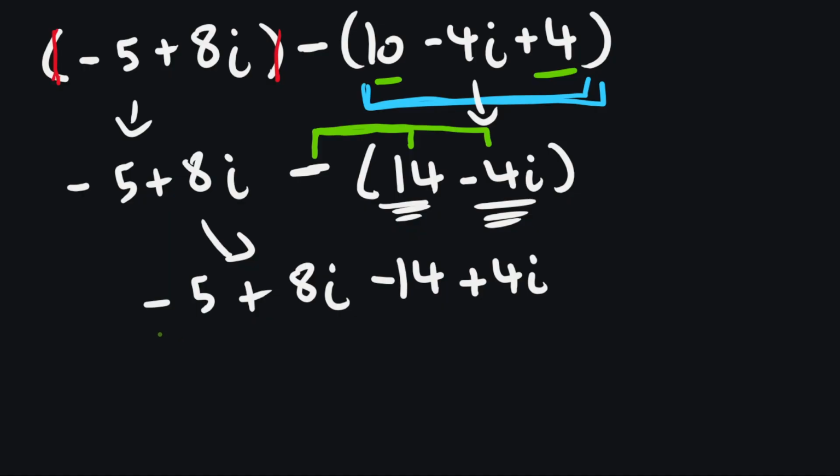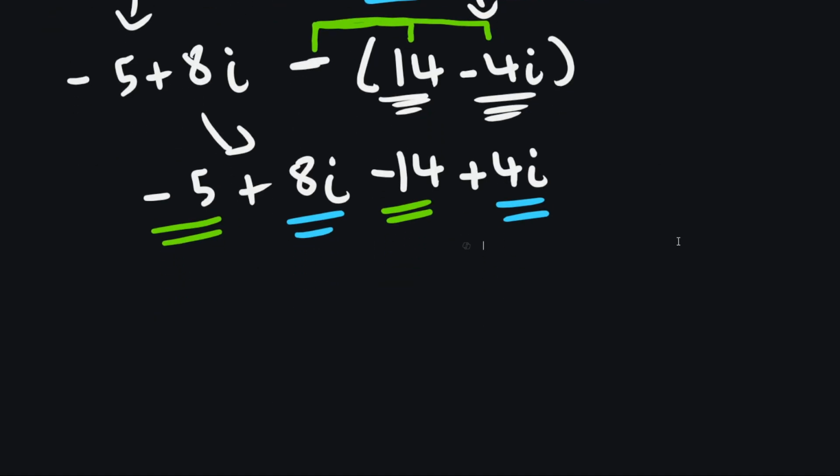We have two real numbers we can combine, negative 5 and negative 14, and two imaginary numbers we can combine, positive 8i and positive 4i. Let's combine our real numbers in green. What is negative 5 minus 14? That is negative 19.